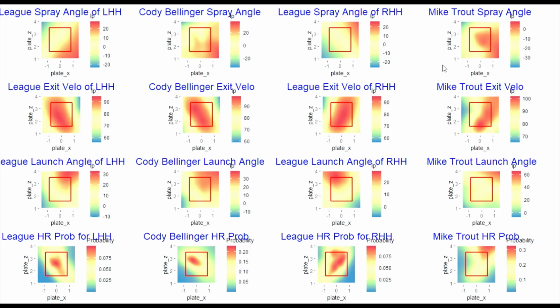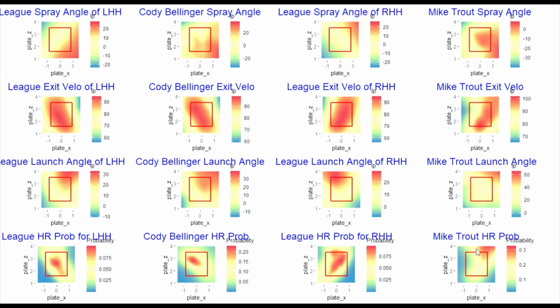Mike Trout has a bigger exit velocity compared to the league, as you can see by this chart, and his launch angle is a lot bigger compared to the league, and it's higher on pitches up and away, whereas pitches up and in are between 30 and 40 degrees, whereas the average launch angle for right-handed hitters is between 20 and 30.